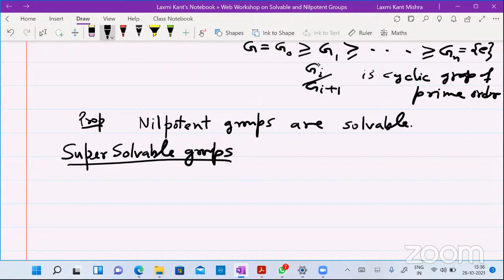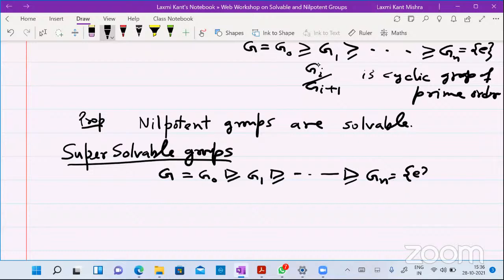It is a group with a normal series, in which every Gi is normal in G, and the factor group Gi by Gi plus 1 is, I think, cyclic.